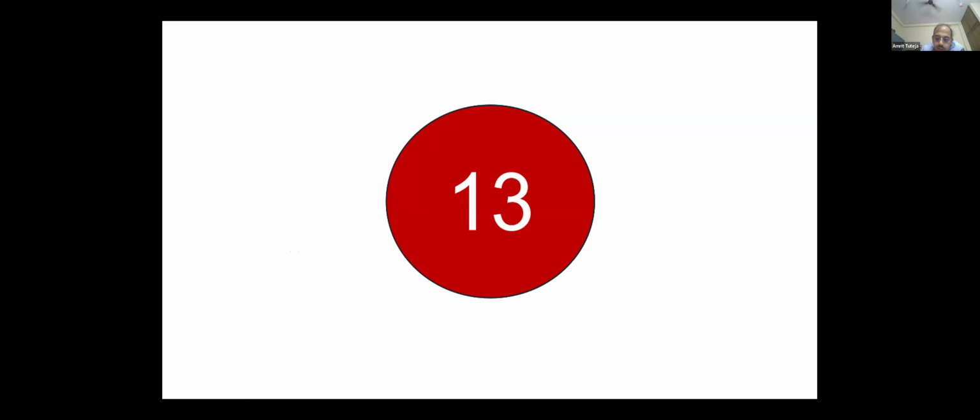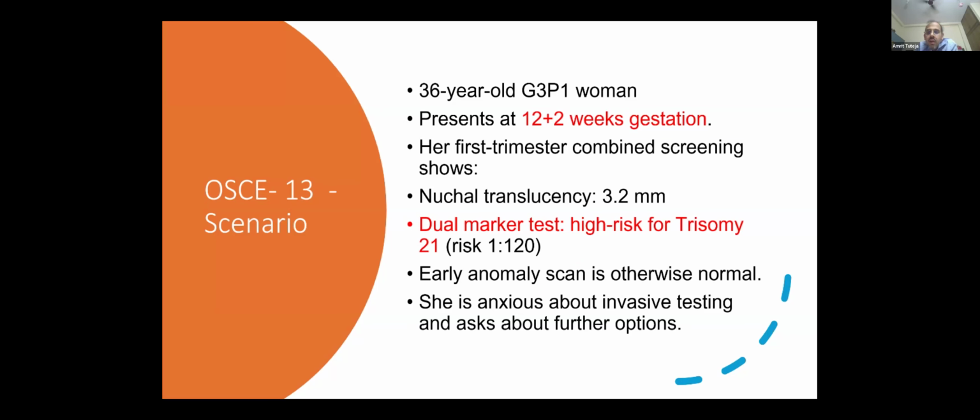Next question. This is a 36-year-old at 12 weeks of gestation. The dual marker test has come as high risk for trisomy 21. 12 plus 2 weeks gestation, and there are high chances of trisomy 21 as per the dual marker test.